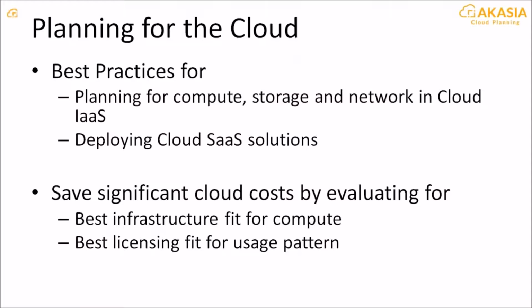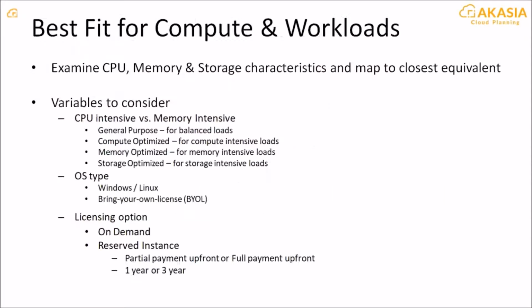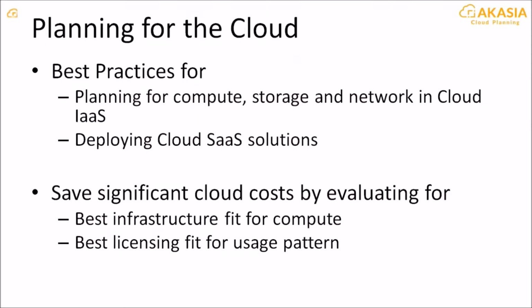If you anticipate that it's going to only be used for a few months and then you're going to stop using it, then we recommend that you use the on-demand license. If, on the other hand, you expect that the application will run for a few years, then we recommend you use the reserved instance feature. You'll save a lot more that way. So there are many ways to examine what are the different options for saving in the cloud.